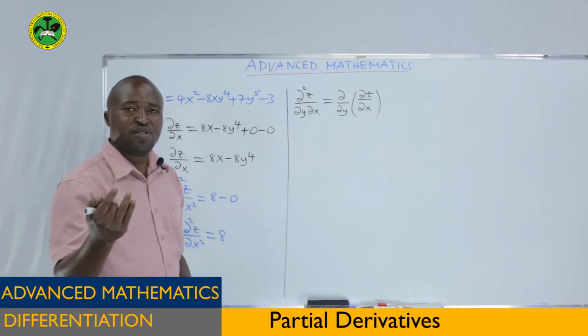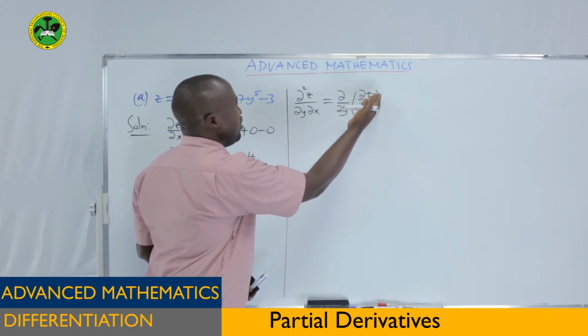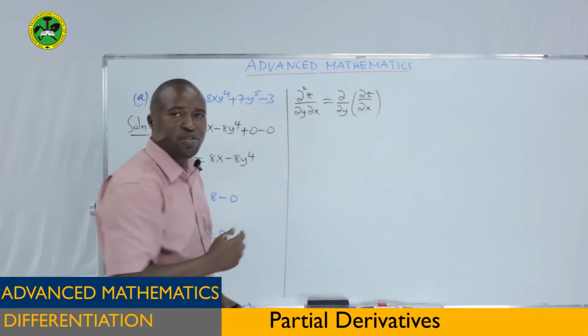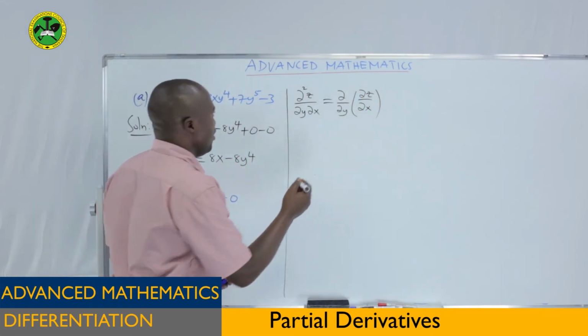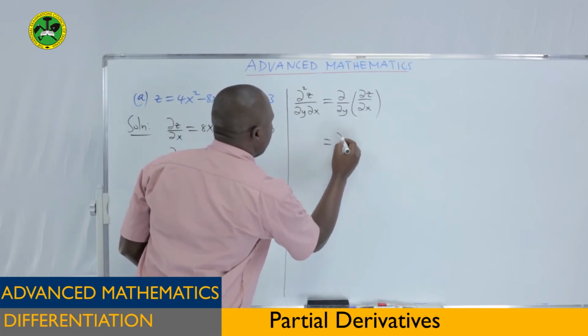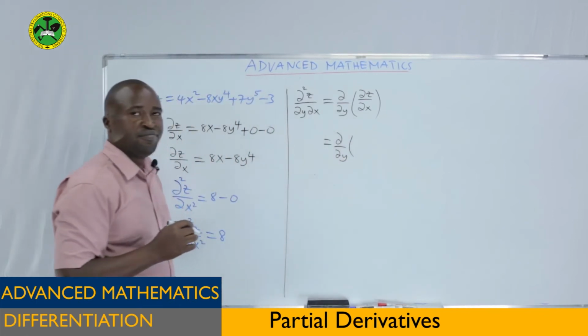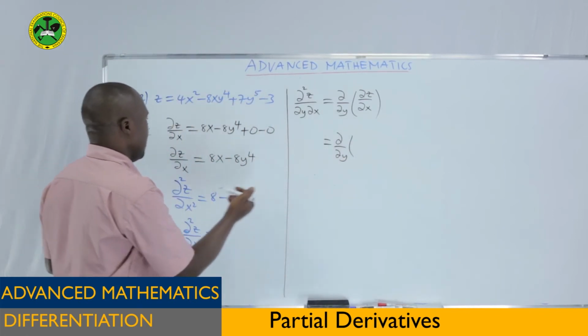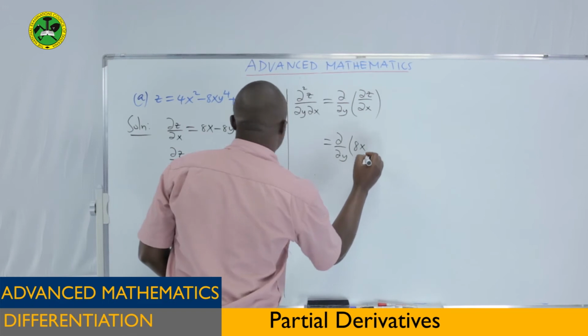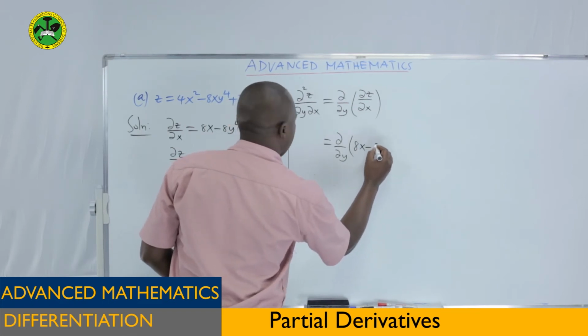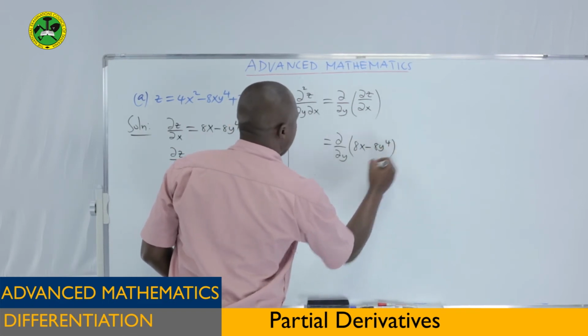So we have to substitute the value of the partial derivative of z with respect to x. So in this case, we have the partial derivative with respect to y of 8x minus 8y power 4.